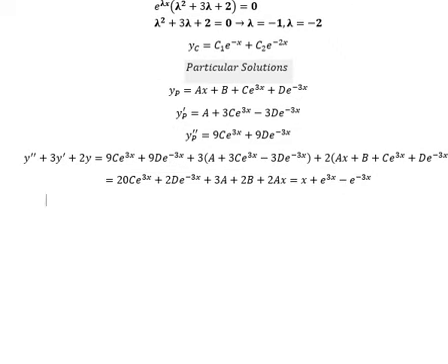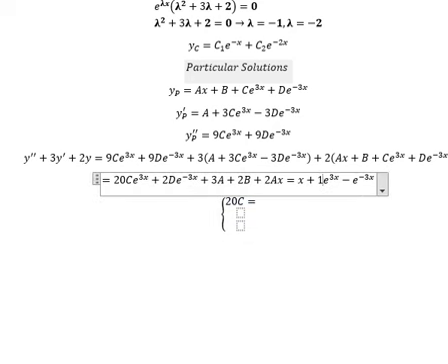Now we need to create the system of equations. So we can see that 20c, that is about e to the power of 3s. This one we just have only number 1.